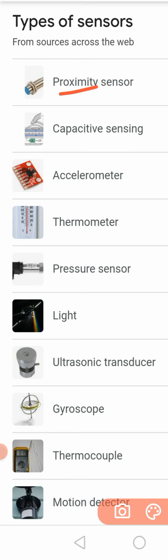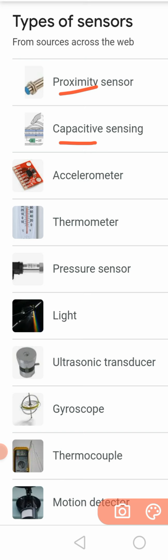The second type is the capacitive sensing principle, which is used to detect touch or human touch, for example in elevators or a mobile screen when we are playing games or making calls or pressing the keypads on the mobile screens.